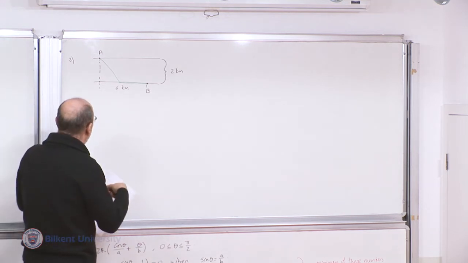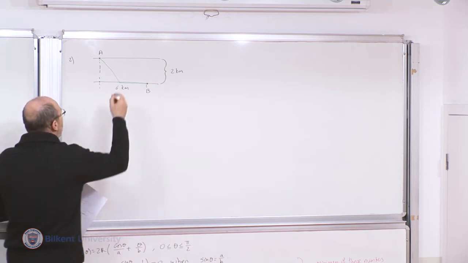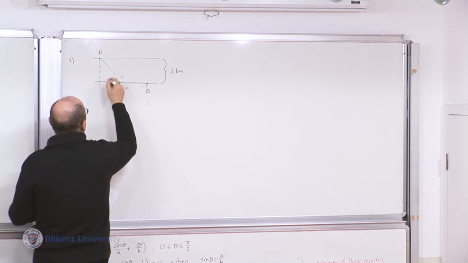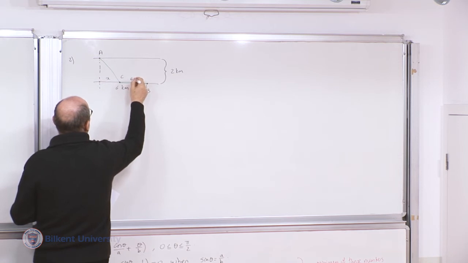So we have this point C, this is x, this distance is 6 minus x.